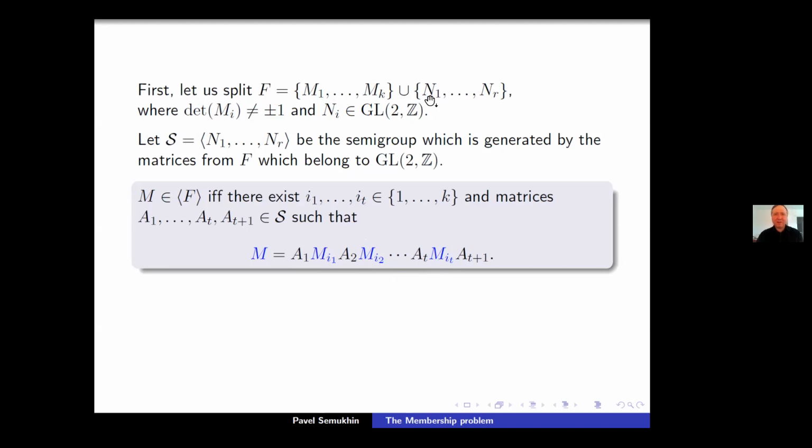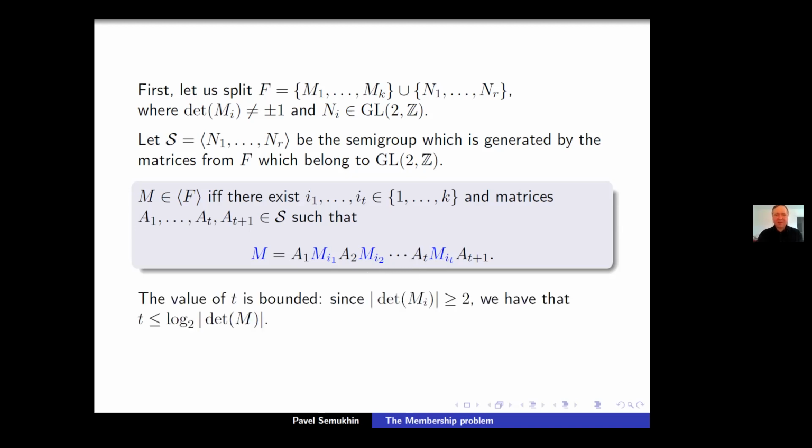The matrices from GL2(Z), we can group together and denote them by A1, A2, and so on. By definition, these will be matrices from this semigroup S. Right?